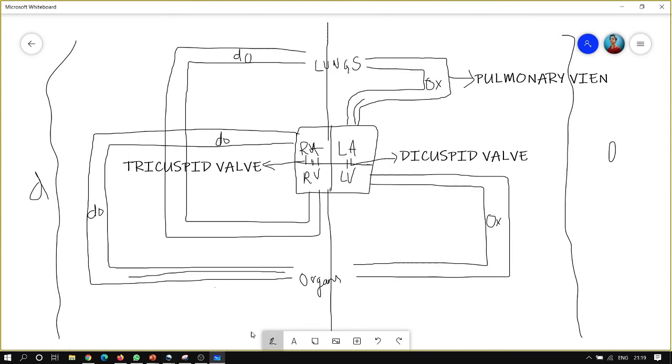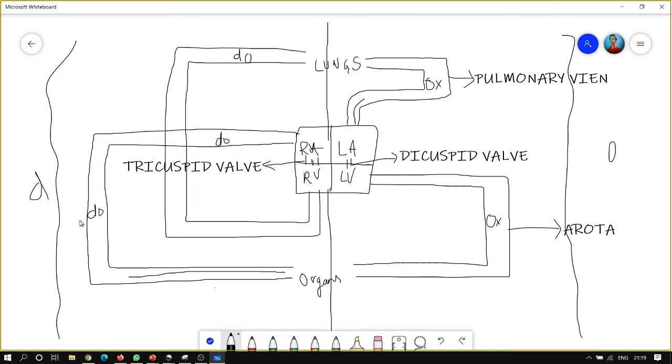Then coming here, this pathway is known as the aorta. Guys, this carries oxygenated blood from the left ventricle to all parts of the body, basically to the cells.